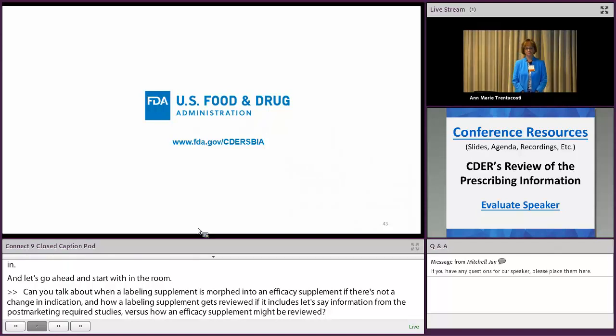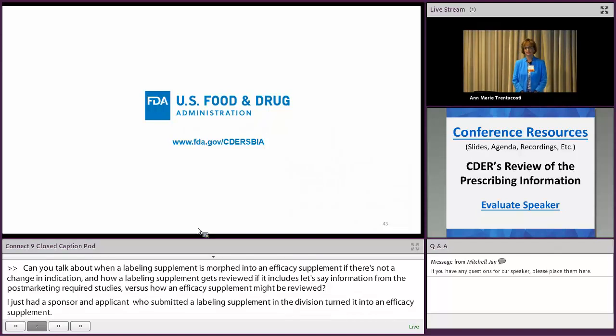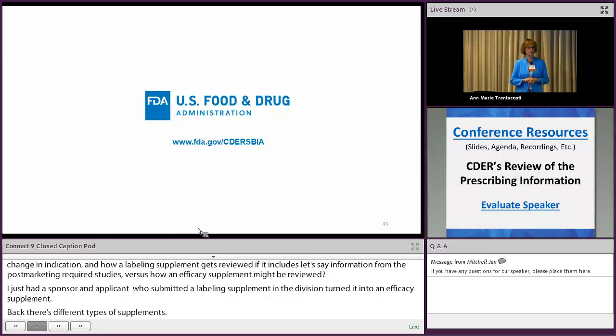Right, so there are different types of supplements. There are CBE supplements, labeling supplements, efficacy supplements. Generally, an efficacy supplement will include clinical data that requires the team to review it a little differently than a labeling supplement that may just be adding an adverse reaction or a word of precaution. If there's a clinical study, that will usually trigger it to be an efficacy supplement.